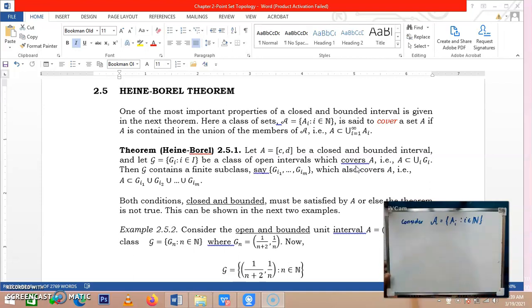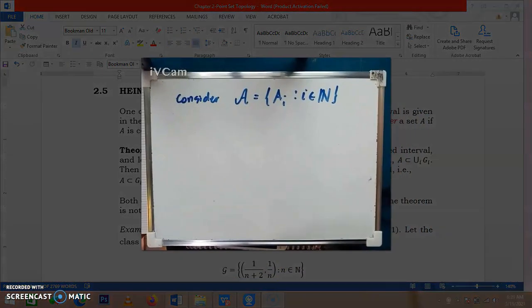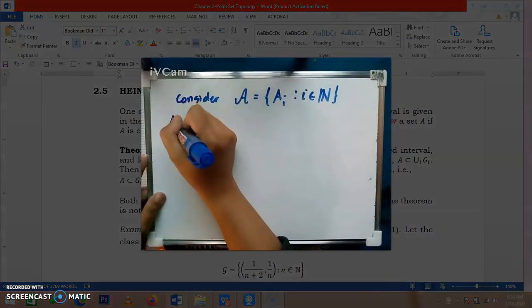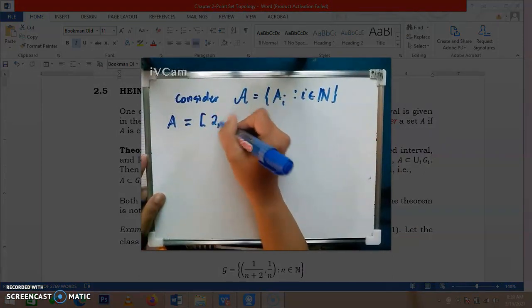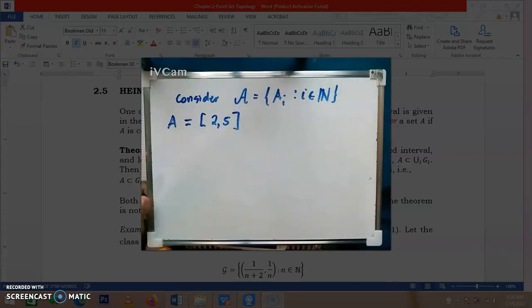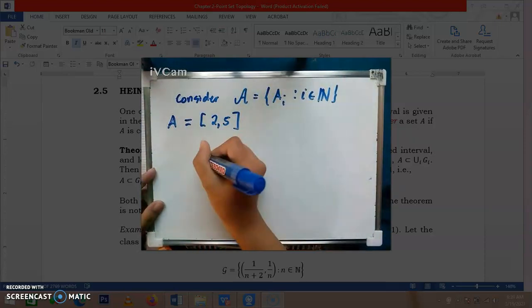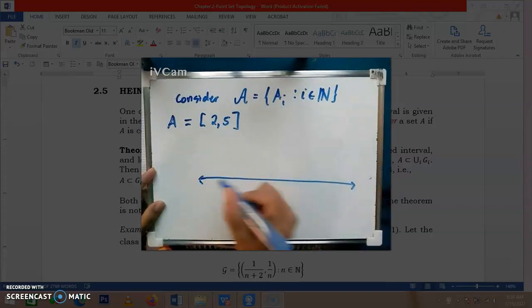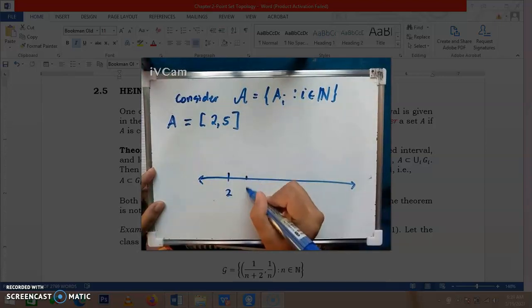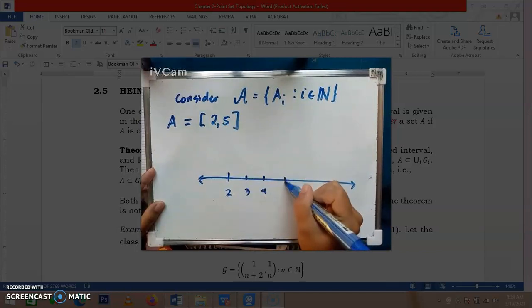So let us consider this example. We let set A be equal to this closed and bounded interval. So this is closed and also it is bounded. Now let's have an illustration. Say for example, we have here the closed interval, then we have 2, 3, 4, 5.